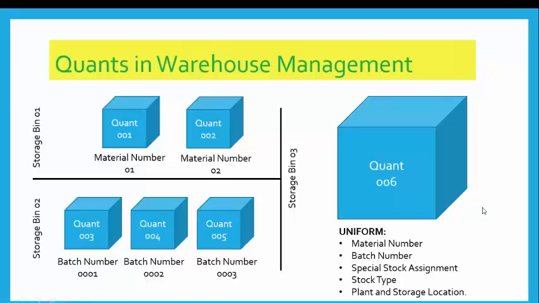And if it finds that these criteria are uniform, the system goes on to combine these materials into a single quant. And if at any point it determines that any of these characteristics are different from one material to the other, the system is going to create separate quants in order to accommodate and take into account the differences in characteristics that the system has identified.